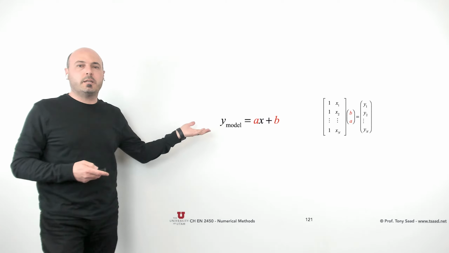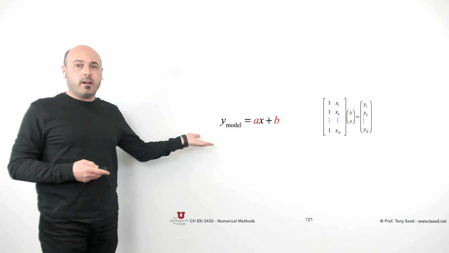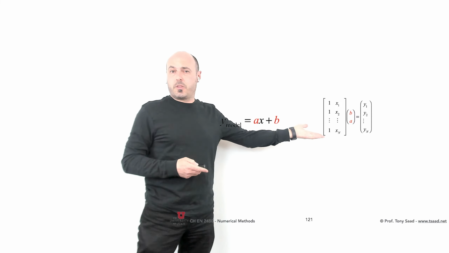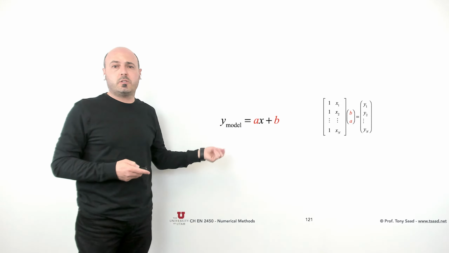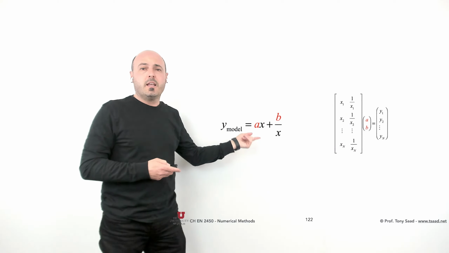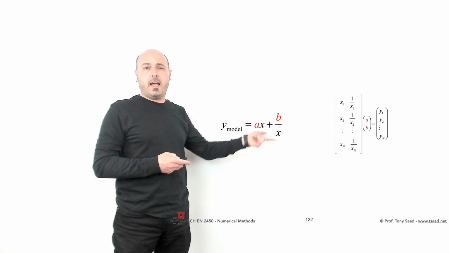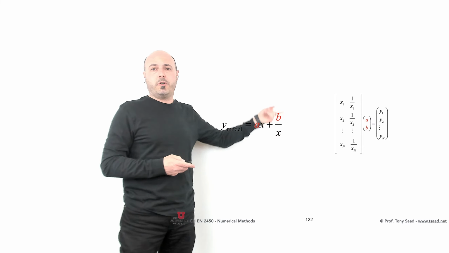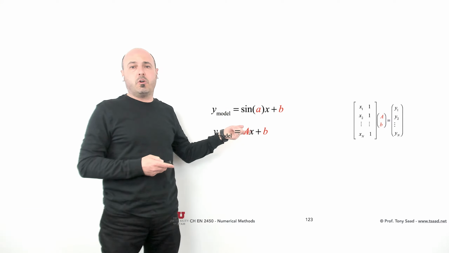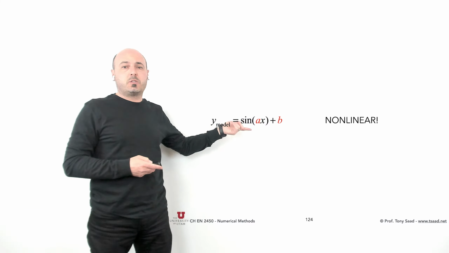And I have a detailed explanation here showing you how I would write this into the recent methodology that we developed for the normal equations. So clearly you can see how we can separate the basis functions and the coefficients. Same thing for this one, ax plus b over x. So 1 over x and x, they're the basis functions. Over here, the basis functions are 1 and x. This one is nonlinear.